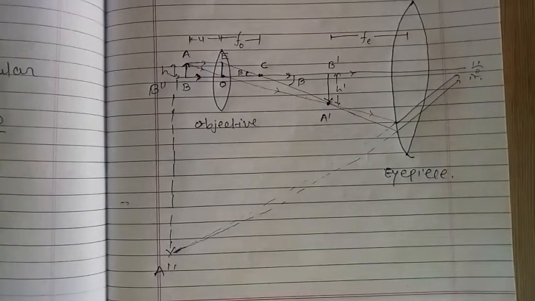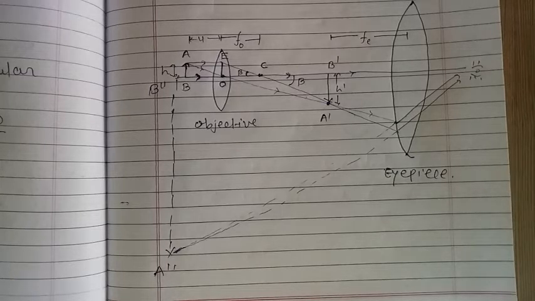So the lens nearest the object is called the objective. The lens near the eye is called the eyepiece. I repeat, the image of the objective serves as an object for the second lens, the eyepiece, and the final image we get is A double dash B double dash.